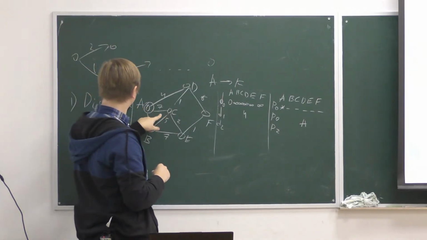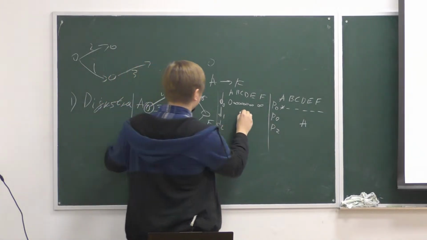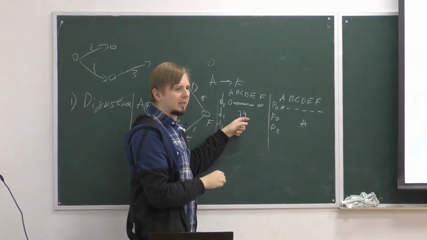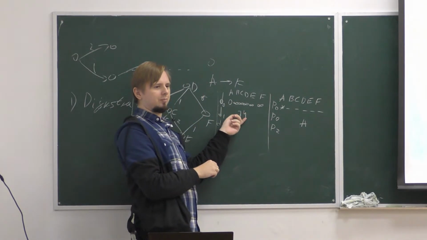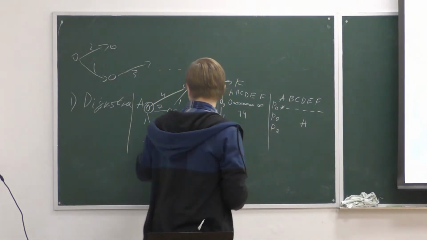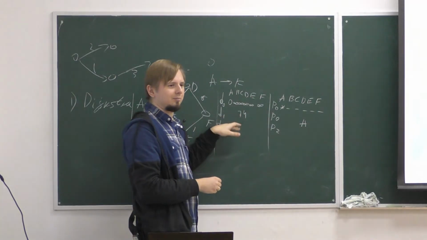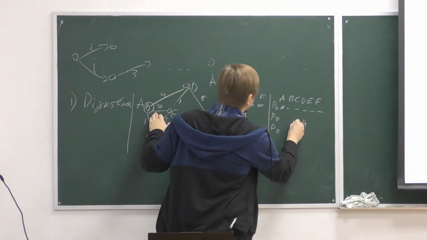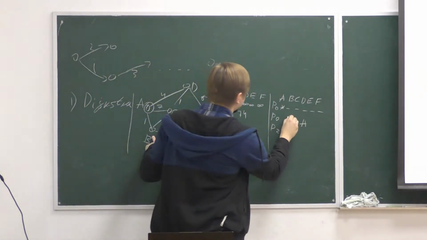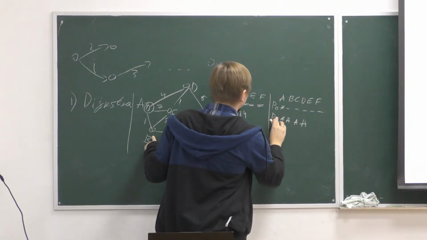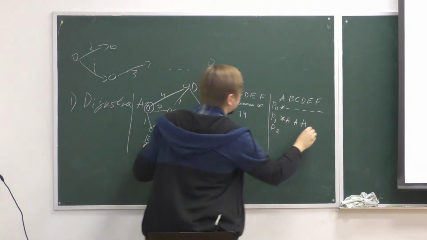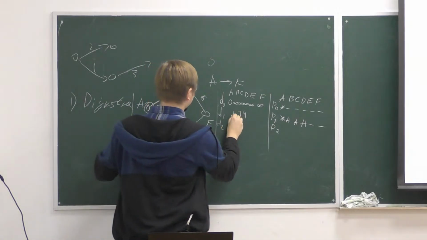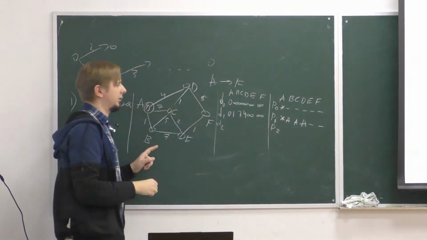Here 7, so we add 0 plus 7 and put 7. If we have a number less than the previous one, we change it, here and here, because 7 is less than infinity. So we go to C from A, we put A here, and here also A, here star. So this is the first step.